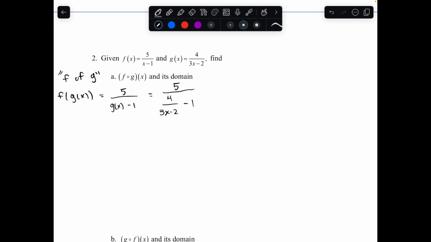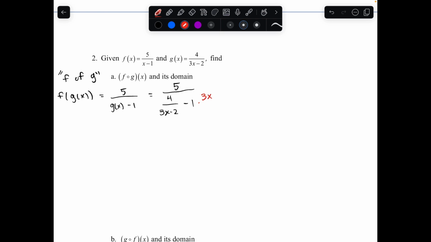Now, whenever I have a fraction minus a number, usually it's good practice to get these two into the same fraction itself. However, in order to do that, I need to make sure that they have the same denominator. So what I'm going to do is multiply by what I like to call fancy 1. As in, I'm going to multiply by 1 in a creative way so that I can combine these things together.